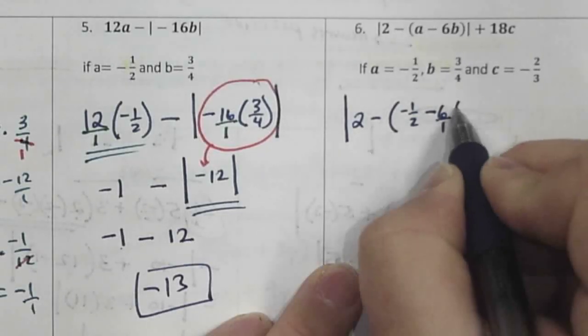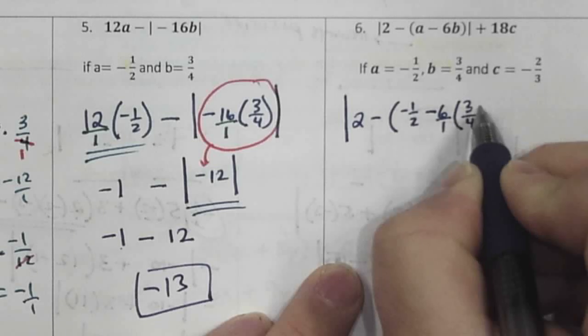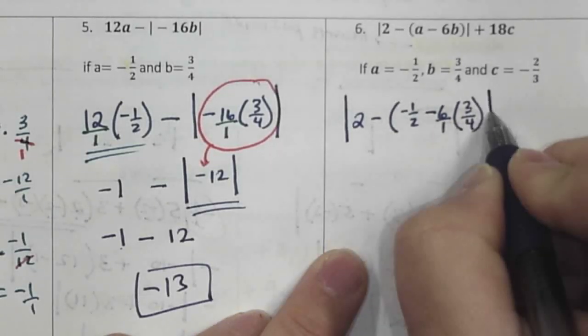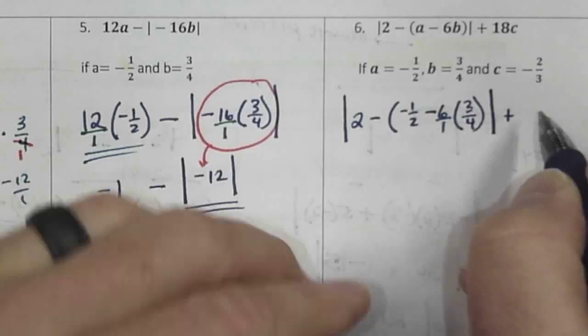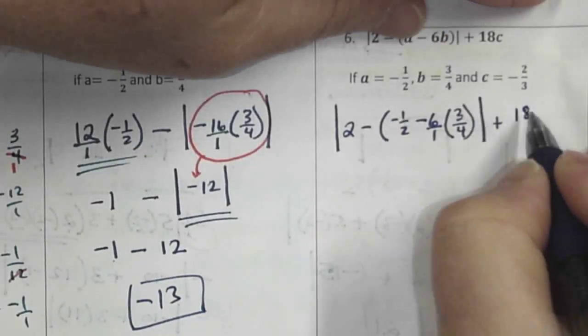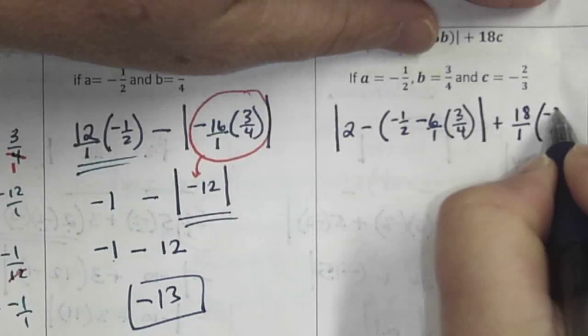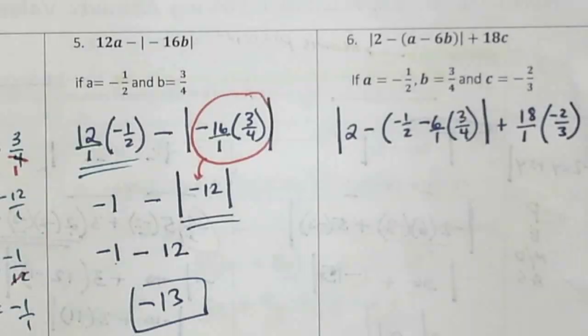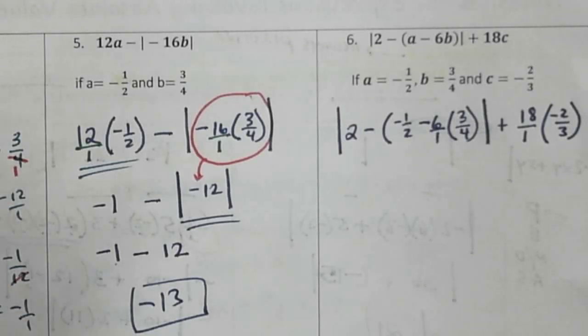I'm going to put it over 1 because I already know we have fractions. 3 over 4 absolute value plus (18 over 1 times -2 over 3). Okay. Is it necessary to put the 1? No, but I find it easier to do the problem when I make things look like fractions.